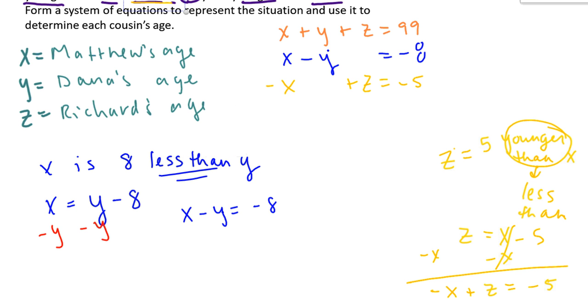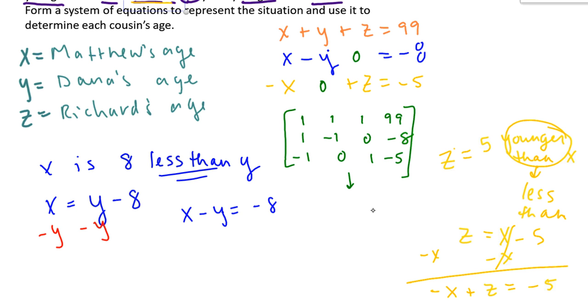All right, then we're going to go to our augmented matrix, pulling just our variables. Blank spaces mean zeros. Across the top, 1, 1, 1, 99; 1, negative 1, 0, negative 8; negative 1, 0, 1, negative 5. Well, that's pretty close to our REF, huh?